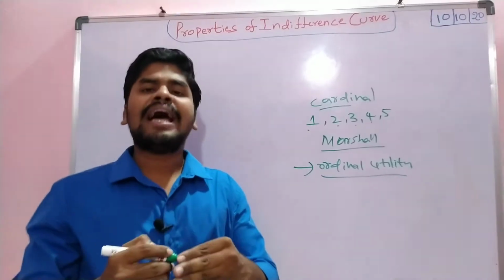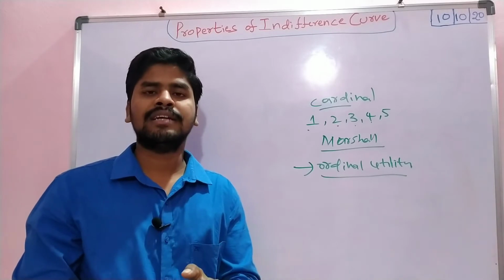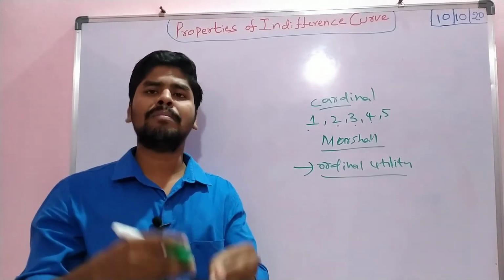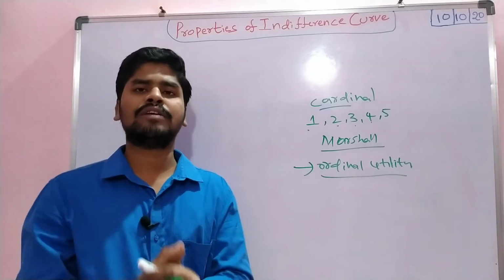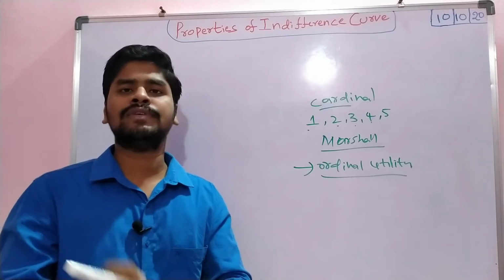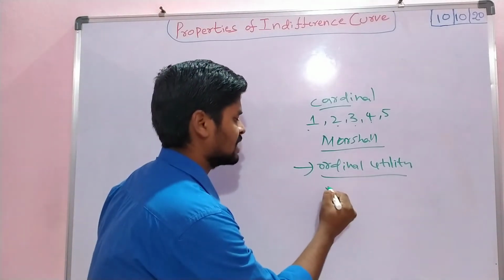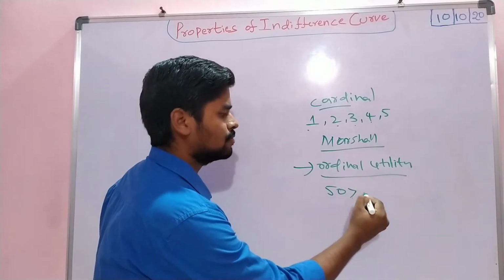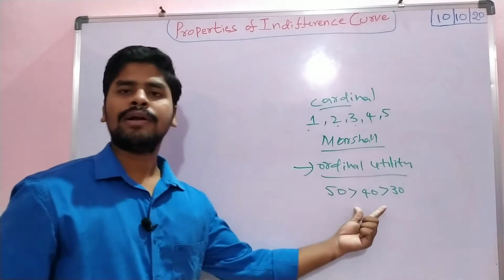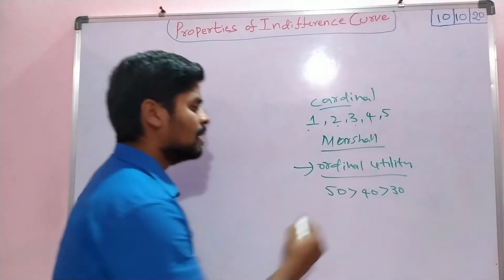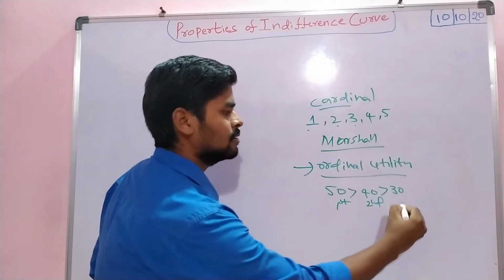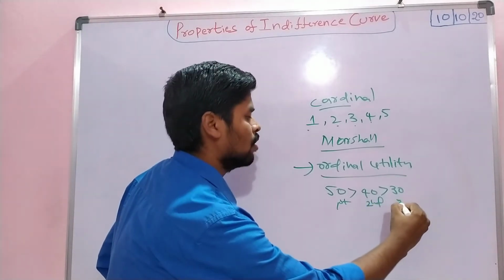we can compare our satisfaction for various combinations of X and Y commodities. That is, we can give ranks. For example, 50 is greater than 40, 40 is greater than 30. 50 is first rank, 40 is second, 30 is third.